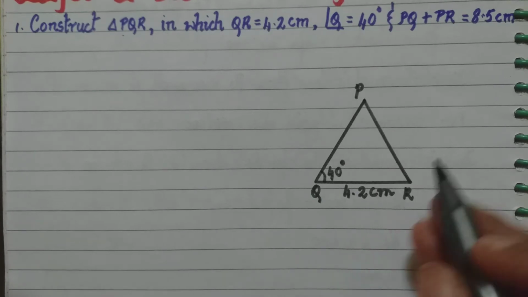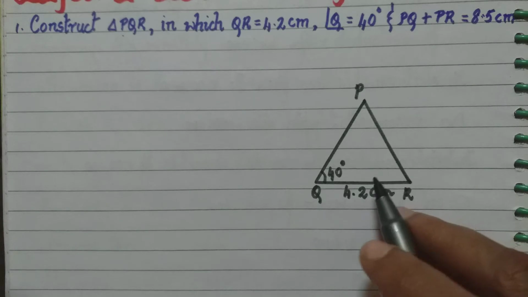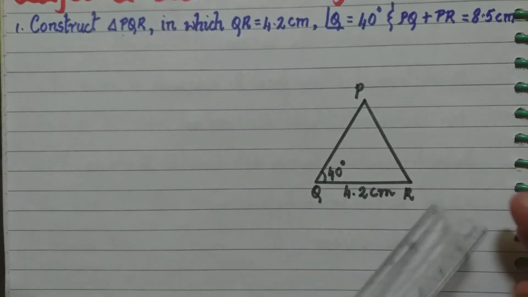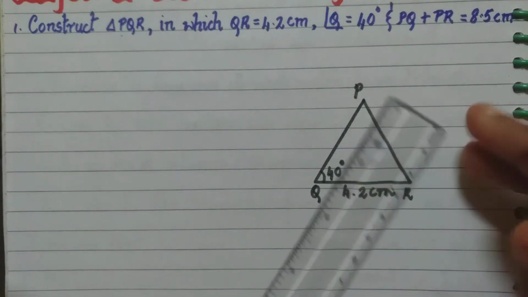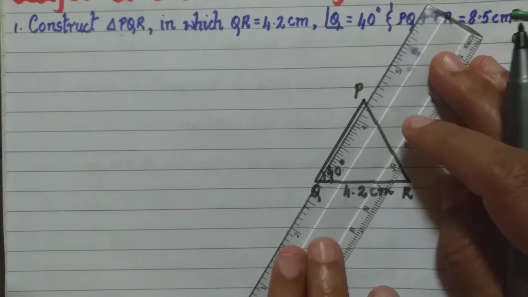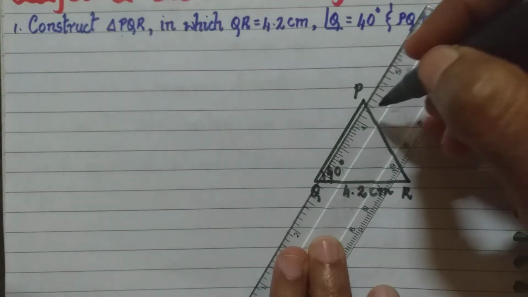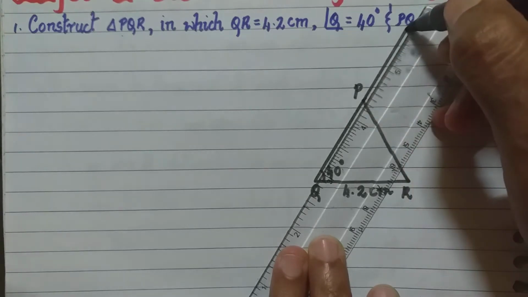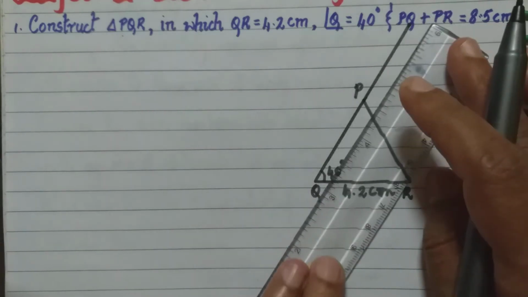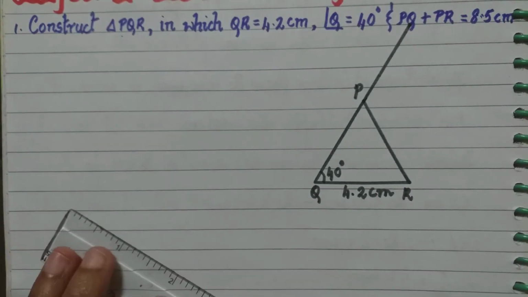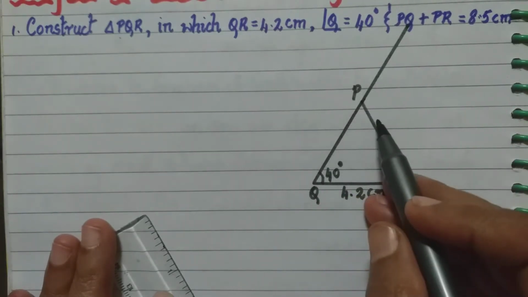Now when we are constructing this triangle, what we do is we extend this side QP, where the angle is given, by drawing a ray according to that particular angle. Okay, so we extend it to this point, and then we have to draw the perpendicular bisector of this side.